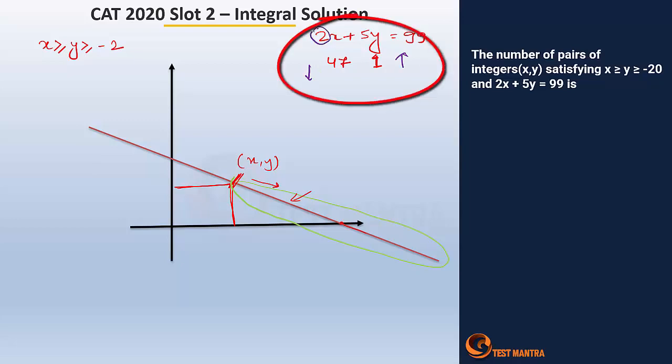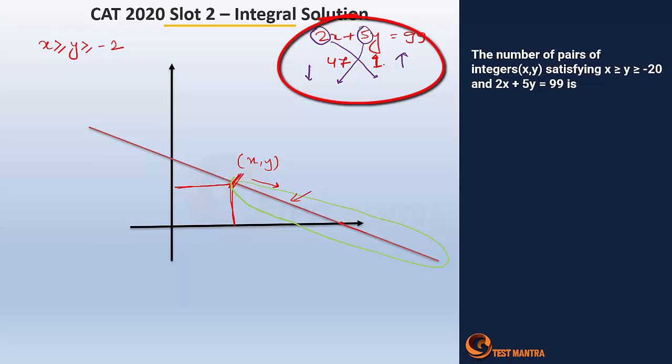Whatever is the coefficient of x, I should add that to y, and the coefficient of y should be subtracted from x. That will be the next movement in these cases. Why, we'll discuss later when we cover the integral solution formats, right?